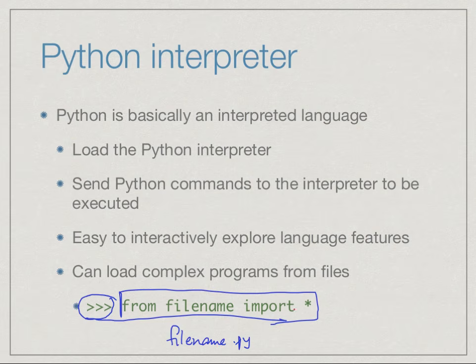From that file, import all the definitions and functions and code that's written there. So this will tell the interpreter to take everything that's written in that code and put it into its current environment so that those functions can be used. These things will become a little clearer in the demo that I'm just going to show you. And then you can play around with this. In the next week, we will get into the real details about exactly what goes into a Python program.